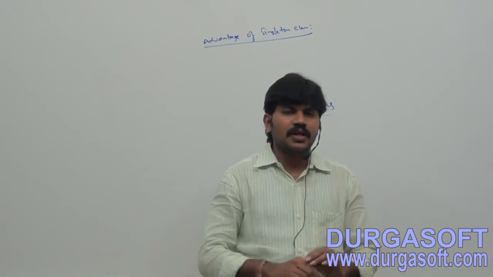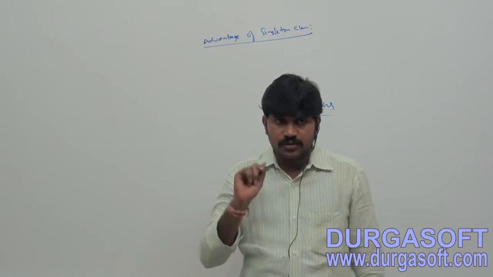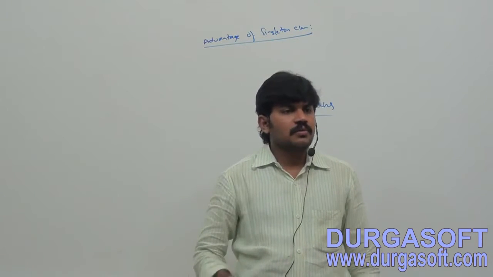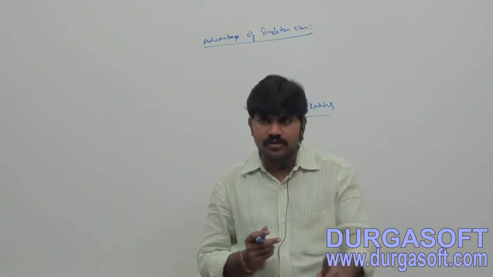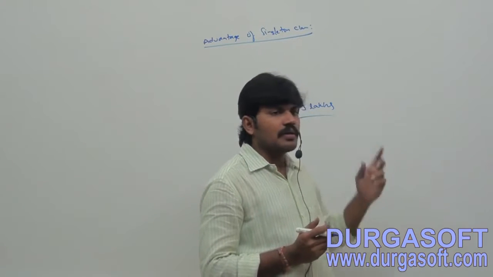In Durga sir's class usually 100 members are there. Every person pays 3,000, so 100 members is 3 lakhs. Instead of 100 members, I can spend the time only on you, so whatever the money is, you can pay it.